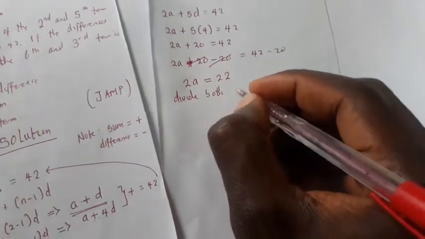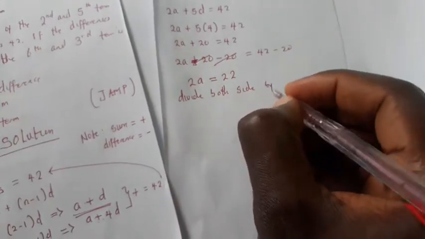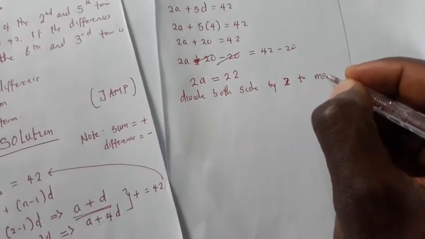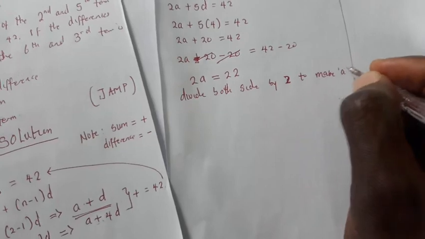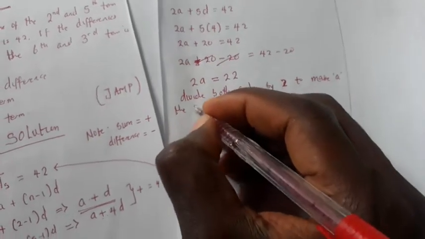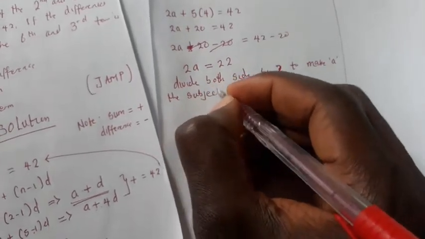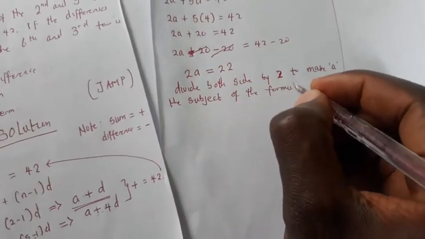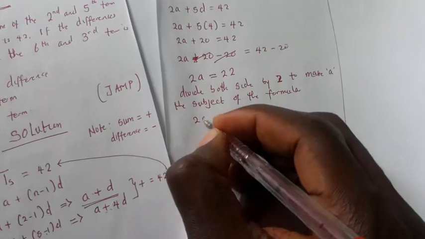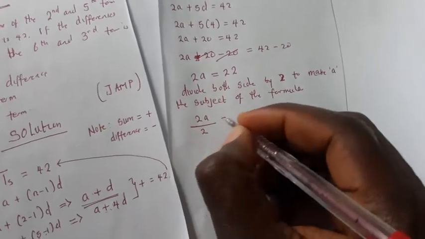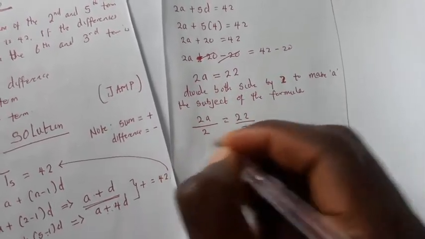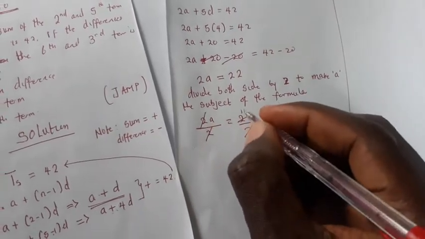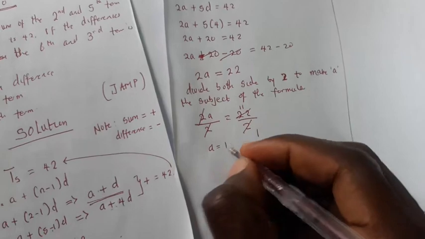Divide both sides by 2 to make A the subject of the formula. We have 2A divided by 2 equals 22 divided by 2. 2 cancels 2, and 2 in 22 is 11. We have A equals 11.